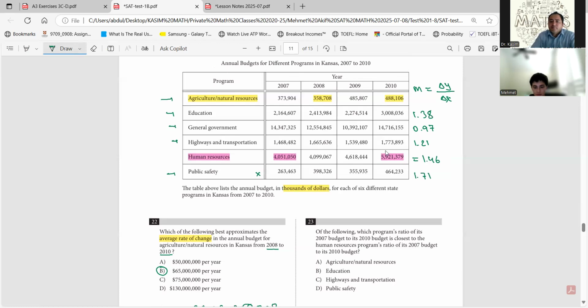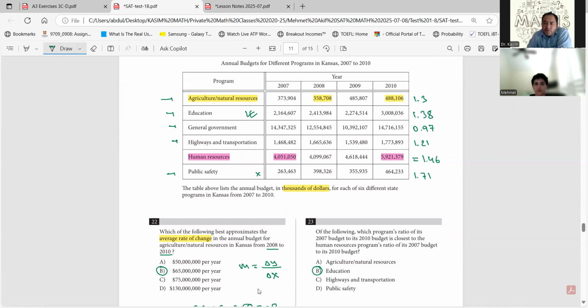And the first one, agriculture, 1.3. And now look at this one. Which one is the closest? Education. Education, right? That's what it must be, B.